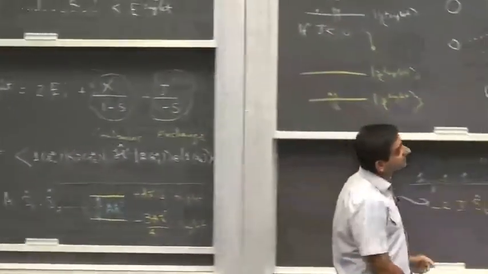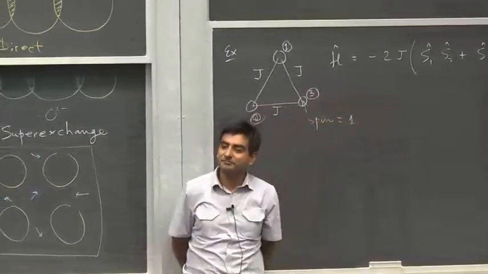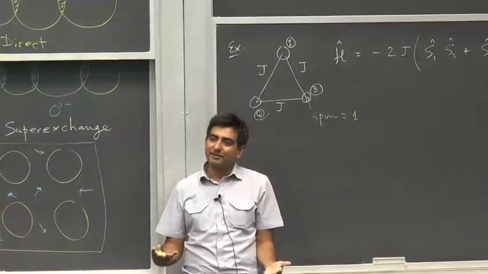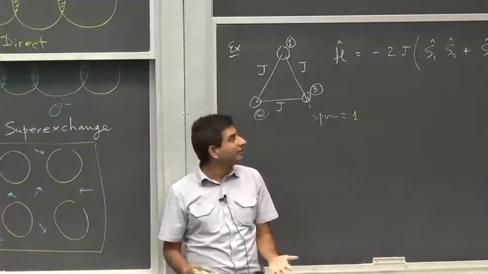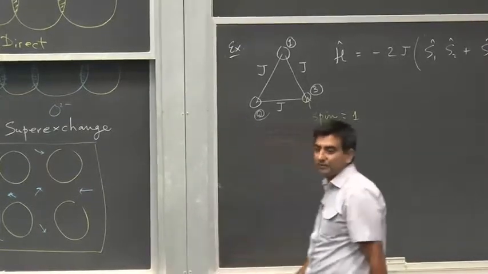Anyway, for this particular configuration, I would like to find out the energies of the system, and I would also like to find out how many states I get. So how do I solve this problem?